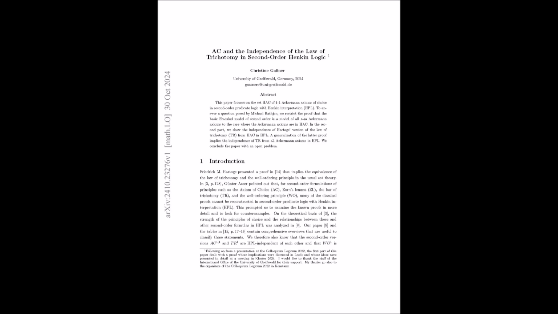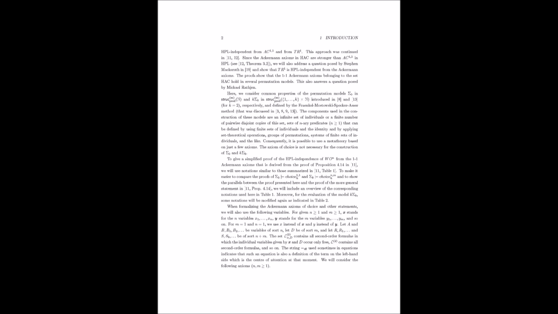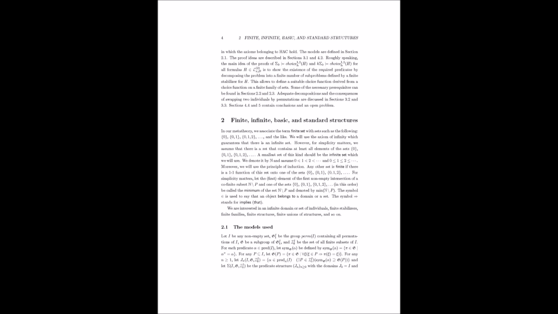So the symbol, open bracket, A dot B, close bracket, means there exists a one-to-one function from set A into set B. Essentially, it says we can map every element of A to a unique element of B, potentially leaving some elements of B unmapped. And then the symbol, this kind of V-looking thing, represents the logical OR.